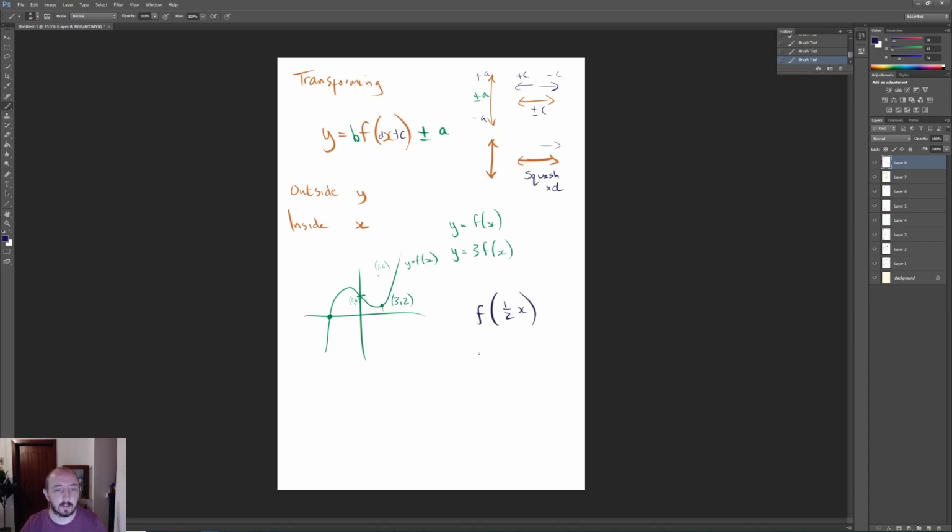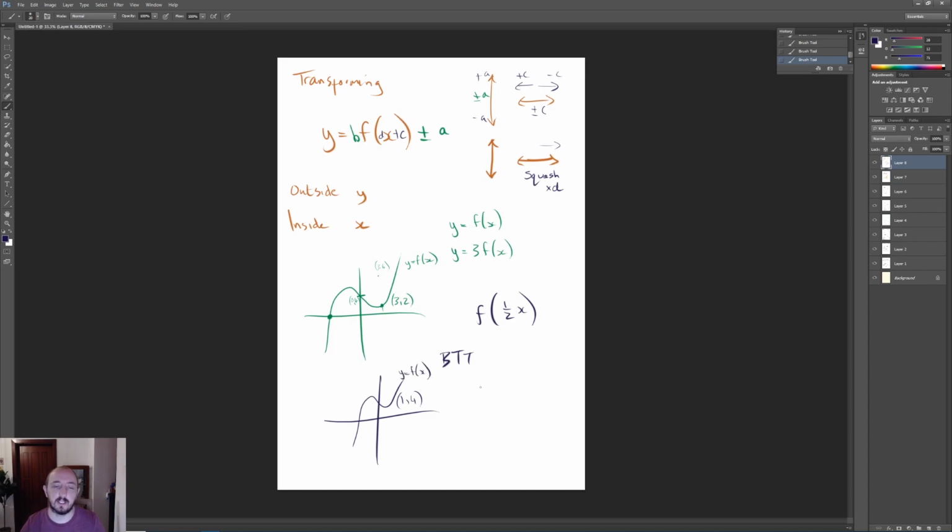Okay, now if you want to practice these, you can go to bowtieteacher.com, and the level 8, I think it is, has some coordinates. It will just give you a coordinate like, I don't know, 1,4, and it will say, well, what will happen to this if this is the original f of x?